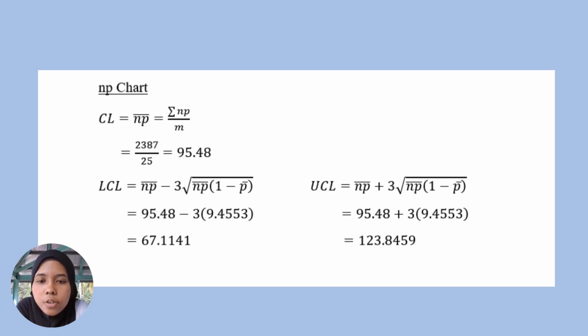And then we get 95.48 minus 3 times 9.4553, which is equal to 67.1141. For the upper control limit, the formula is NP bar plus 3 times the square root of NP bar times 1 minus P bar, which is 95.48 plus 3 times 9.4553. And then we got 123.8494959.